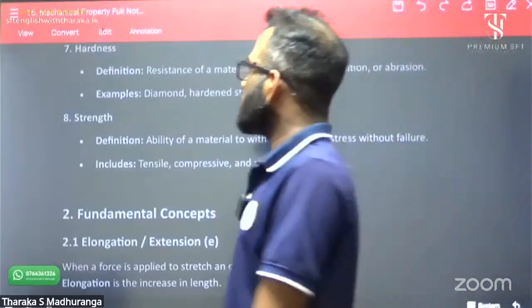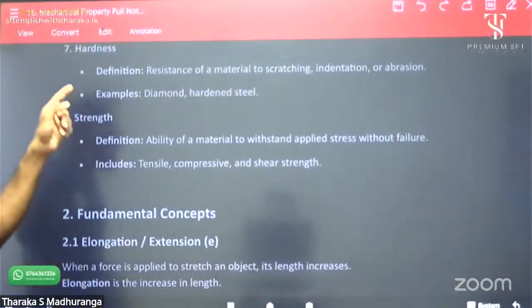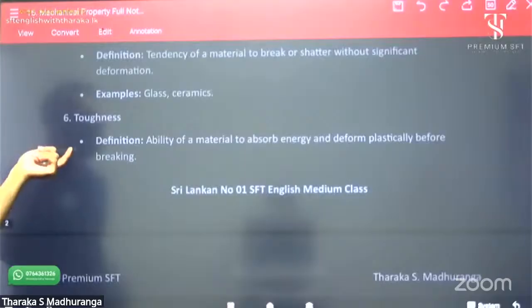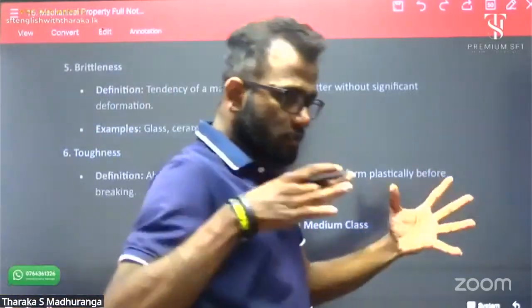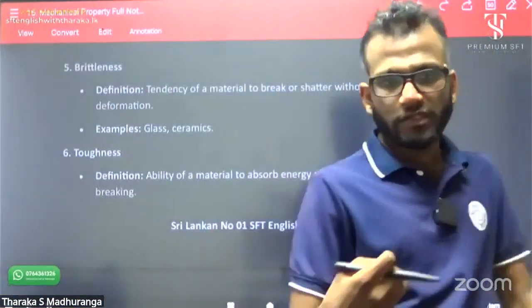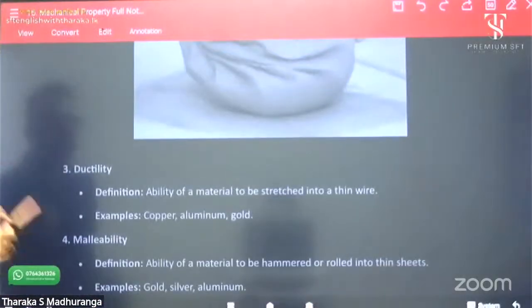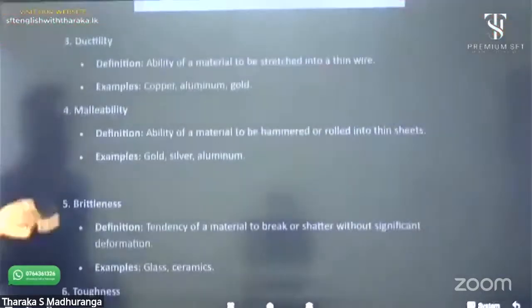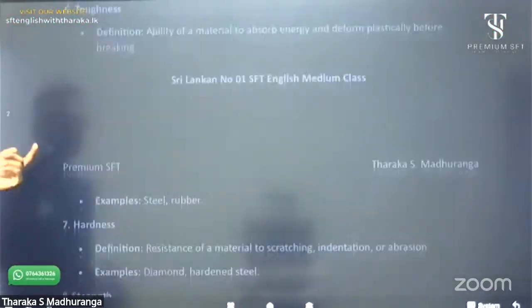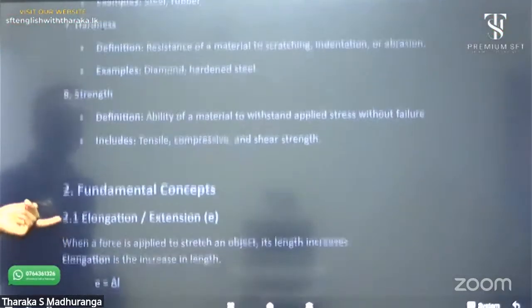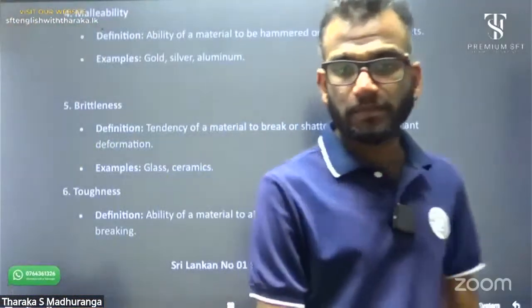Okay, they are the mechanical properties. When we apply external force, how does it respond? Examples: ductility, malleability, brittleness, toughness, hardness, strength.